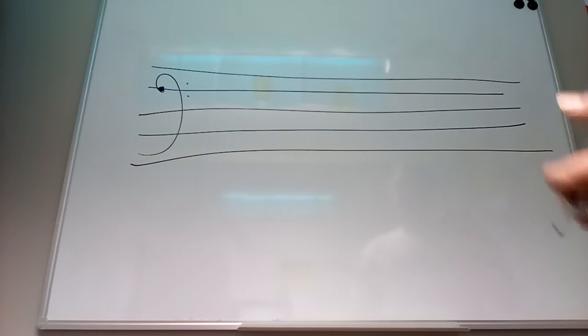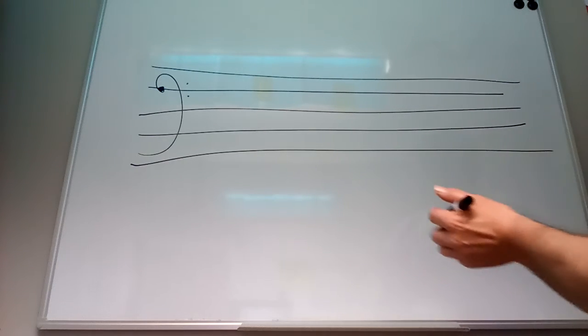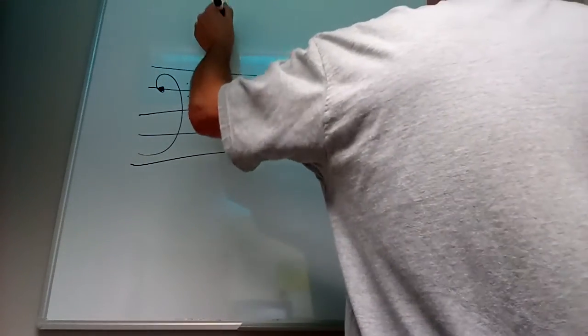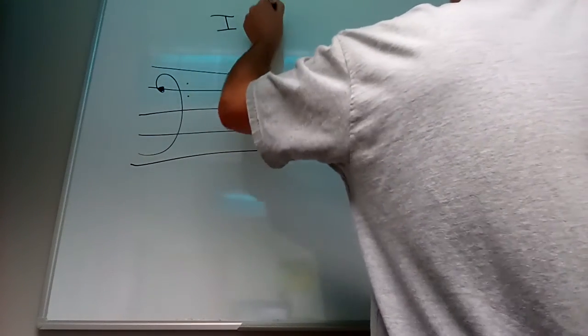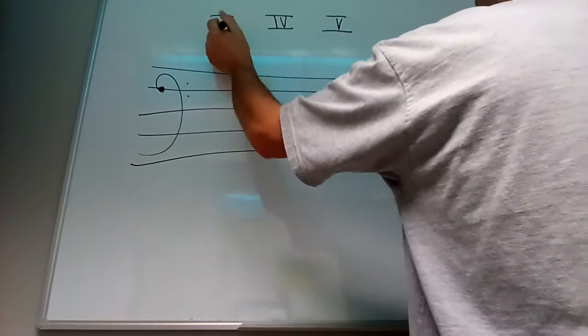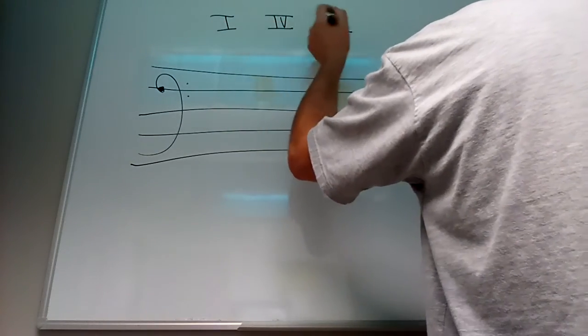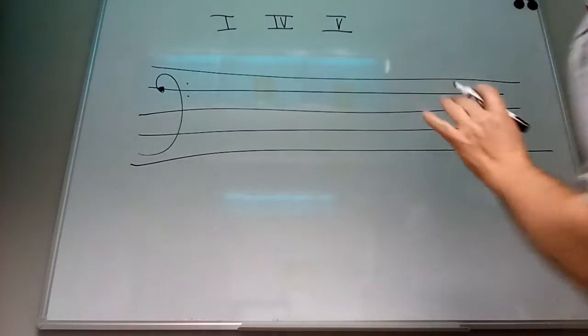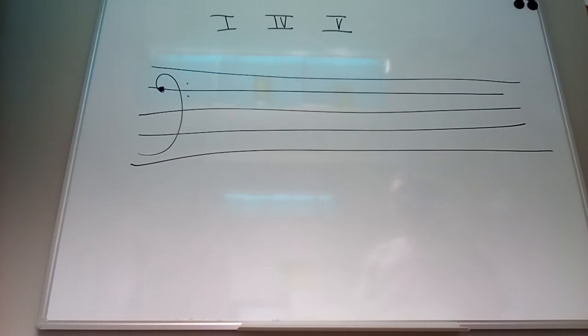And then a lot of other pieces have those 3 chords, and then of course there are other chords that go in the pieces as well. But the simple pieces a lot of times only have harmonically 1, 4, and 5. So of course this is the Roman numeral for 1, this is the Roman numeral for 4, and this is the Roman numeral for 5. And that's usually the way you're going to see these in our music.